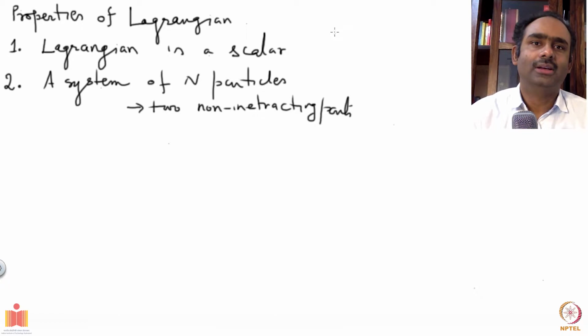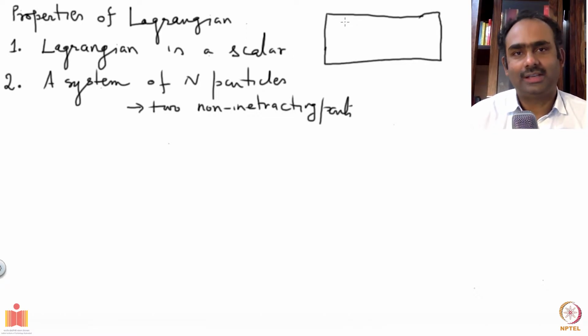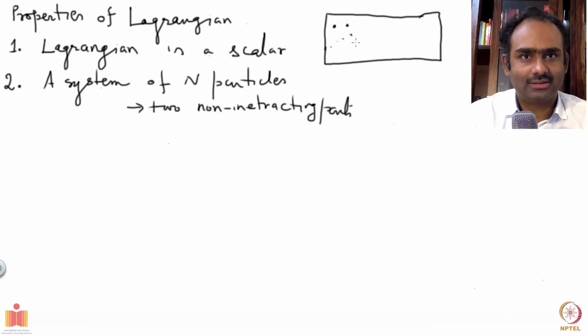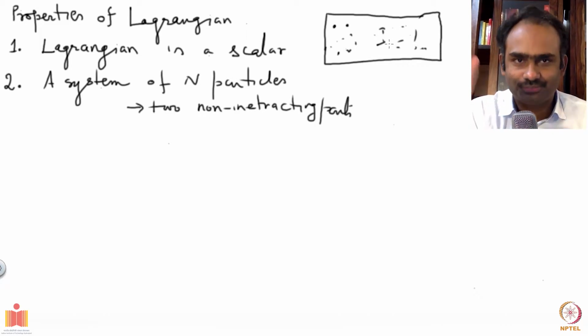Okay, so here is your system. It's isolated from everything else. Let's say it has lots of particles here and there, and let's say I can classify these particles into two sets.